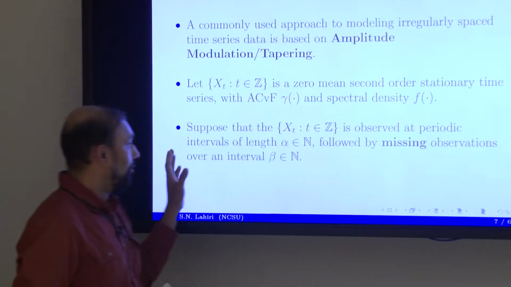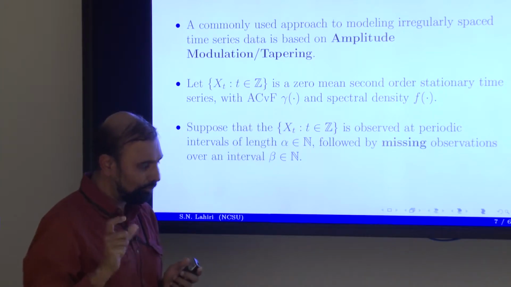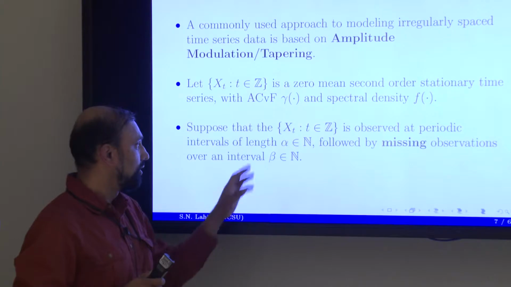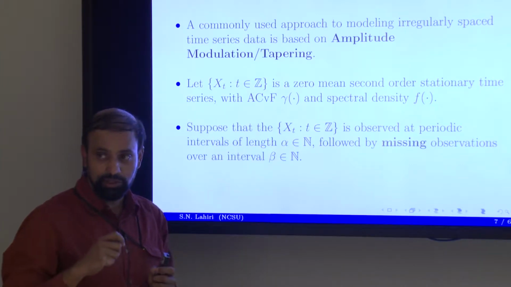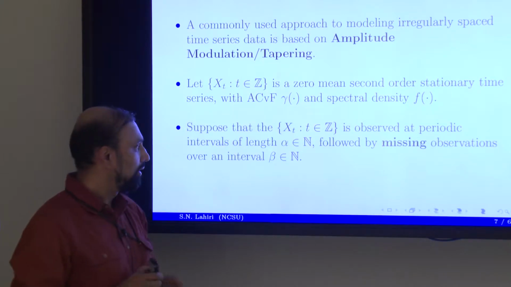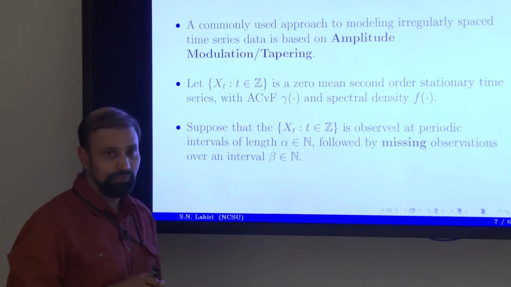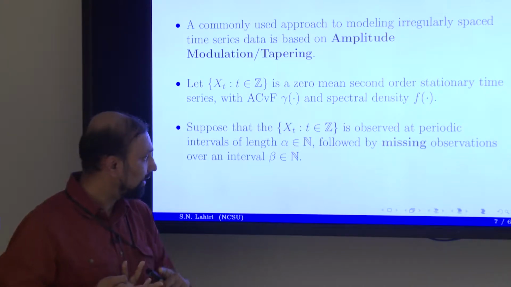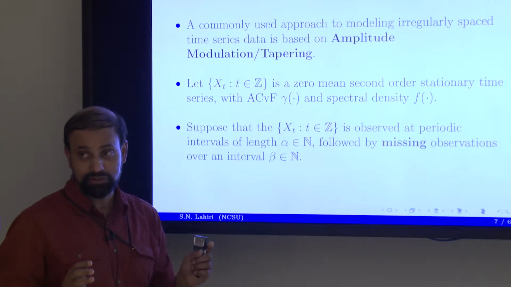So for a given length alpha, that is a positive integer, capital N is the collection of all positive integers. Starting from time point 1 up to alpha, you observe x1 through x alpha. Then for another stretch of length beta, x of alpha plus 1, alpha plus 2, up to x of alpha plus beta, we don't observe the xt series.